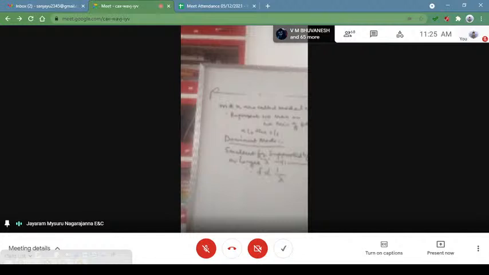Lambda is c by F, or F is c by lambda, if you write it in equation form. So what is the smallest frequency supported by the waveguide? Correspondingly, what is the longest wavelength supported by the waveguide? That is generally called the dominant mode frequency of a waveguide system.